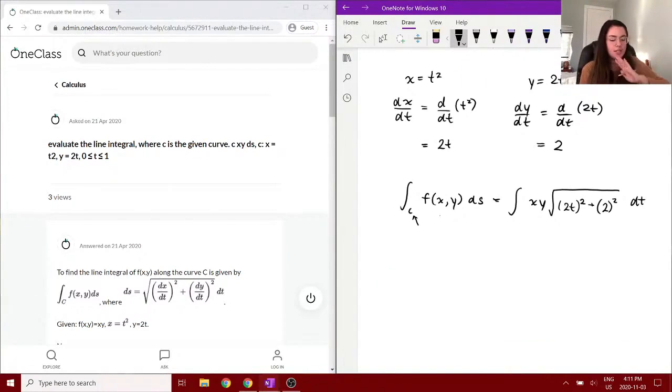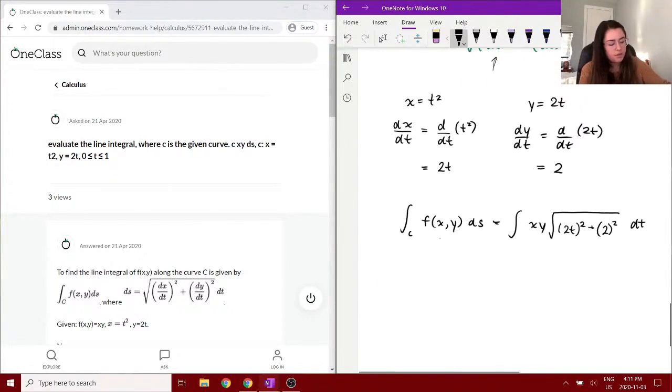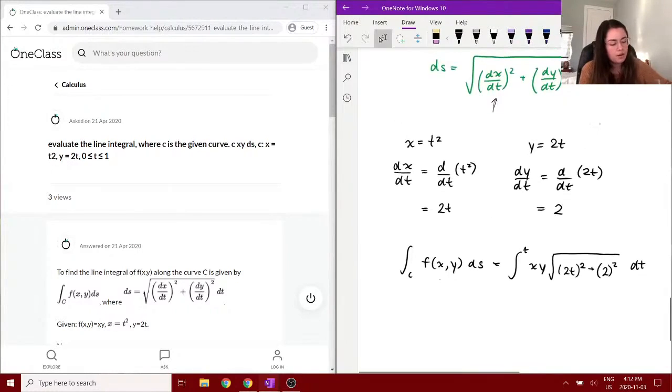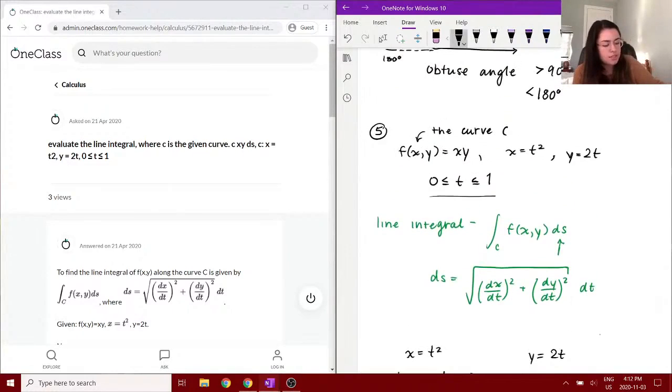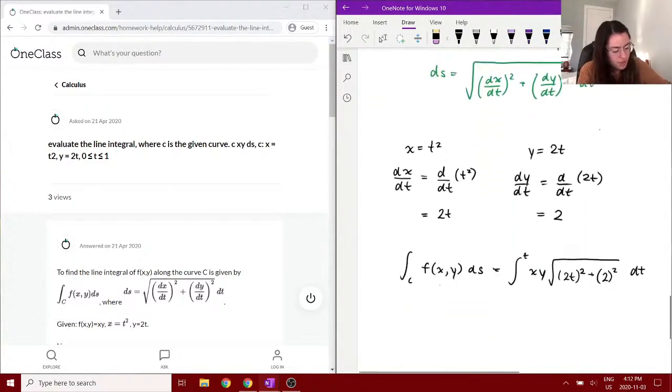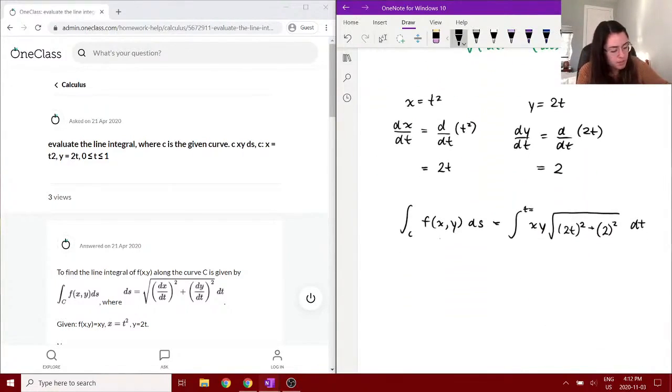It's just stating that it's over the curve C. But on the right-hand side, we have to define what those bounds are, because we're taking the integral with respect to t, we need to find the bounds with respect to t as well. And in the original question here, it states that t is within the bounds of 0 to 1. So that's what we're going to be integrating by. So t equals 1 on top and t equals 0 on the bottom.